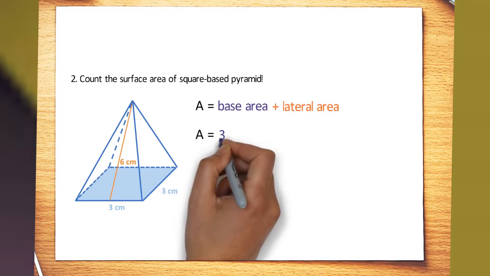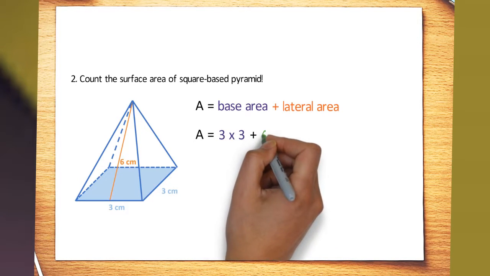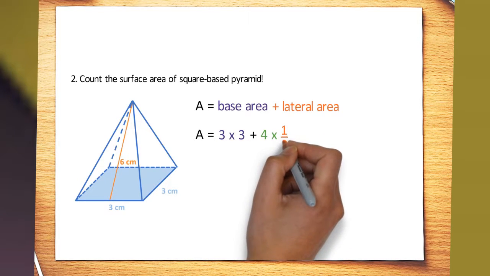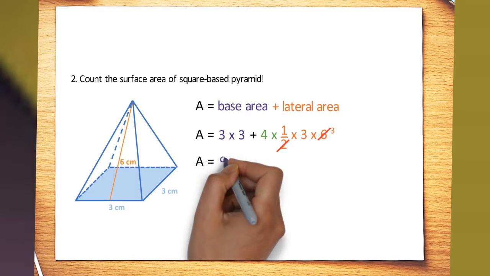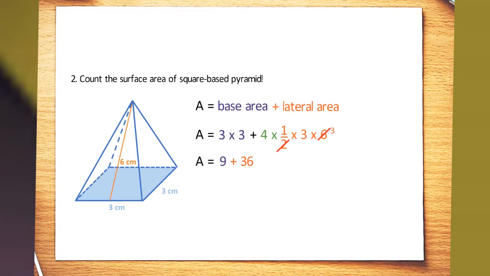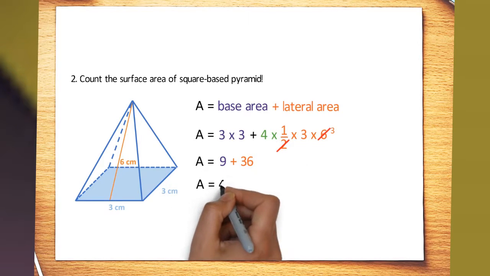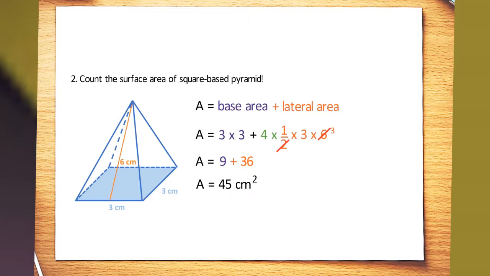It is equal to 3 times 3 plus 4 times half times 3 times 6, because we have 4 sides of lateral area. Let's divide 6 by 2, which is equal to 3. So it's equal to 9 plus 36. The final result is 45 centimeters squared.